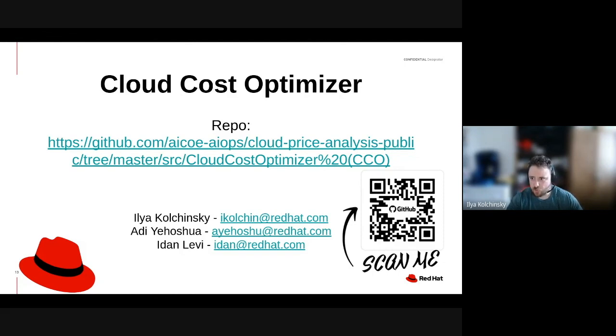Will they also put new instances when they become available? Thanks for the question, Nassim. So Cloud Cost Optimizer is merely an advisor. It doesn't go and allocate your resources by itself. But of course, you can plug it into your pipeline to do just that. We have a graphical user interface, as you have seen, as well as an API.